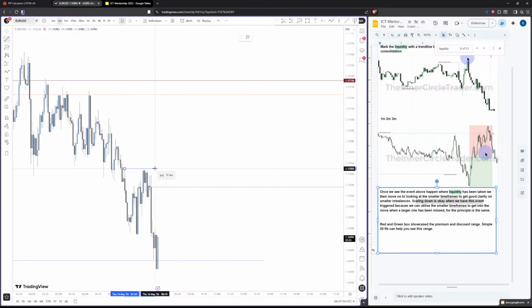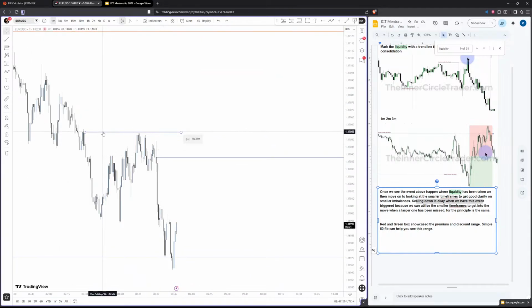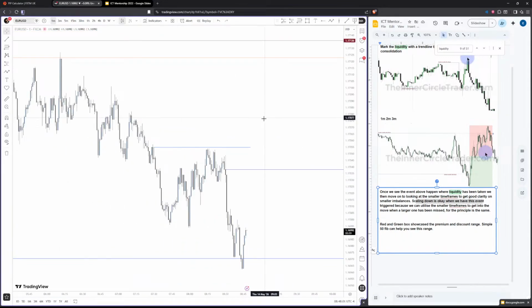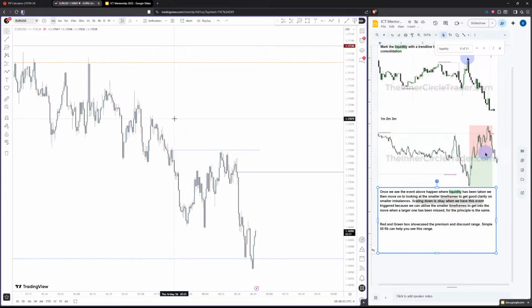Actually, over here, the cleanest, but potentially over there. So it looks like we're about to take this swing high over here.